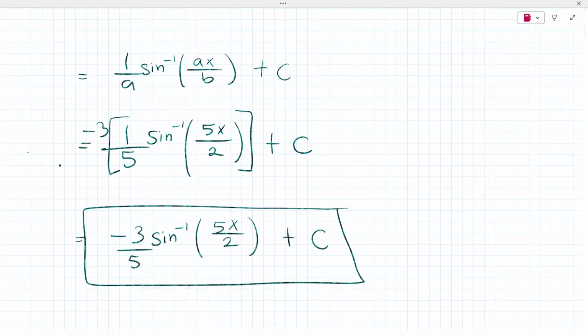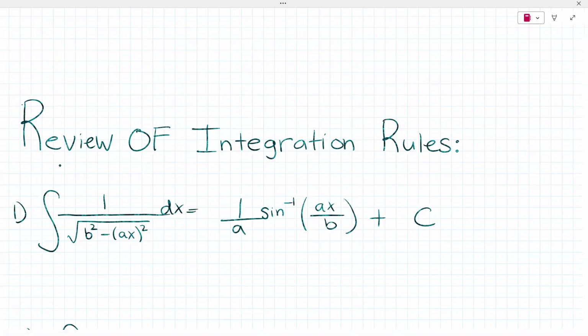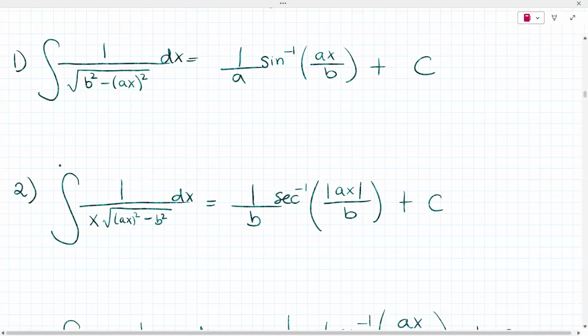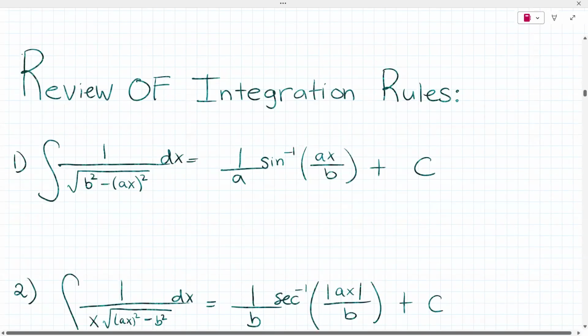Now, before we move on, these are the review of our integration rules. I think there's 9. So go ahead and write this down, and pause the video if you need to.